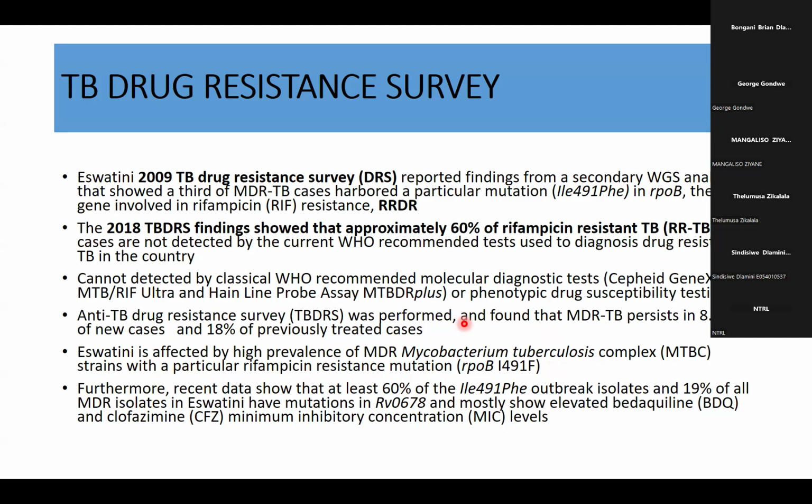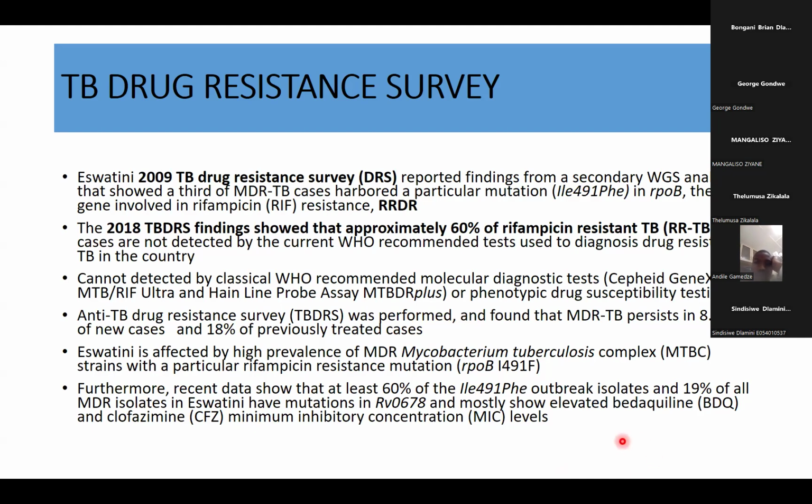These drugs were introduced in around 2016, if my memory serves me. But when we did our survey in 2018, we found that with this kind of strain, first of all, we are missing the rifampicin. Now we are saying it's more than just rifampicin. It's bedaquiline and clofazimine, which is a major challenge.